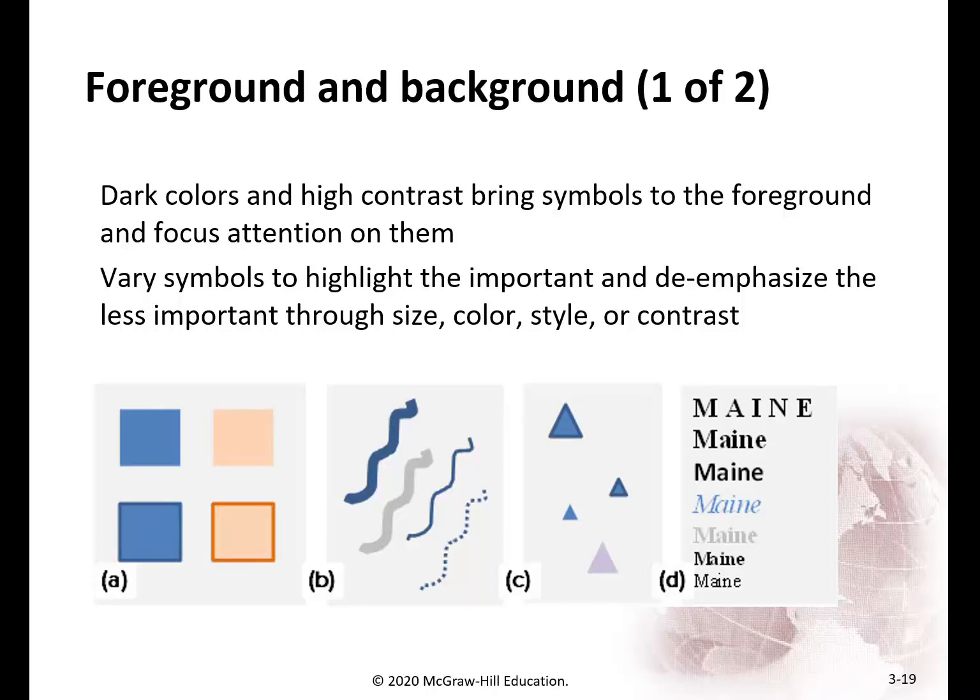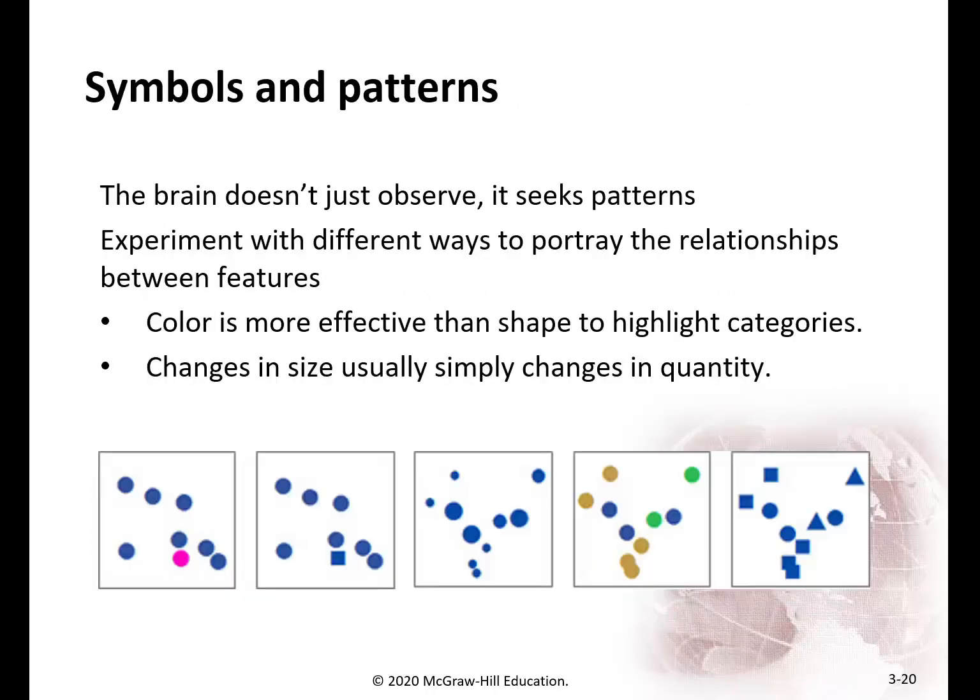Interestingly, humans do not simply perceive objects on a page because the brain is constantly trying to organize these objects into specific patterns. So take a minute and analyze these 5 boxes and pay attention to how your brain tries to group these markers and which colors, sizes, or shapes of these symbols become easier or less easy to identify.